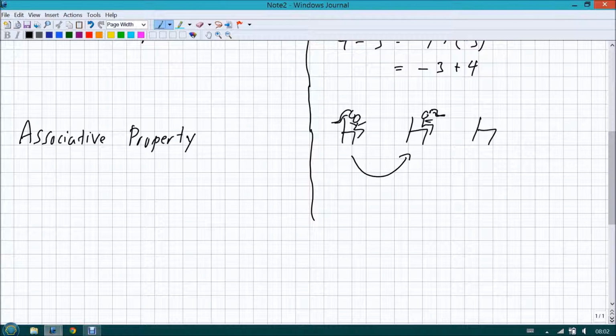So these two are associating with each other. Well, in front of those two girls is a guy who also wants to be associated with them, but he doesn't know how to do that. He especially wants to be associated with the girl in the middle because she's cute in his opinion.